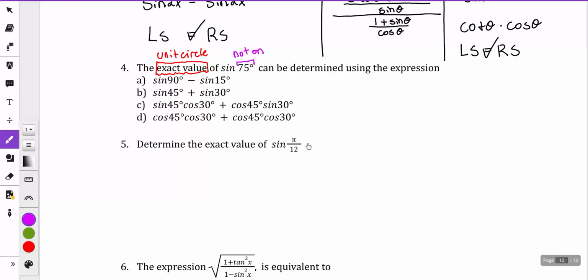So our goal is to write 75 as two values, either added or subtracted, that are on the unit circle. On the unit circle you know 0, 30, 45, 60, and 90. Is there some combination of those values that could add or subtract to be 75?